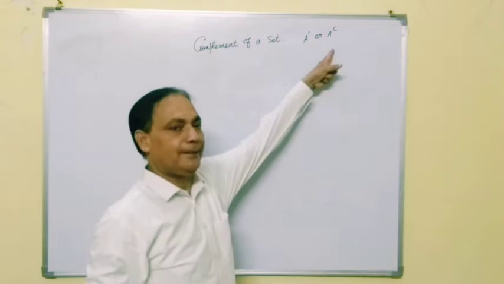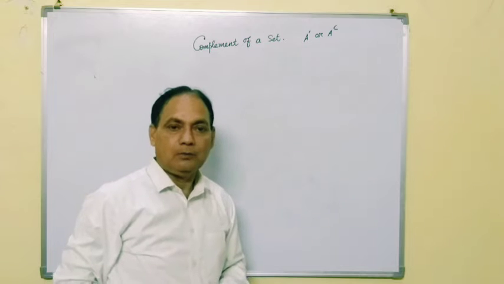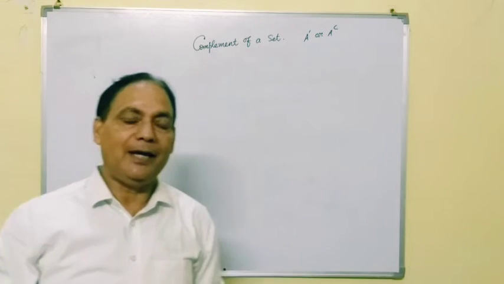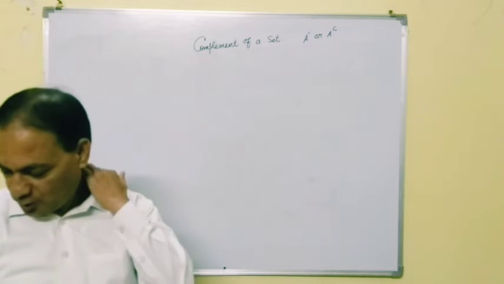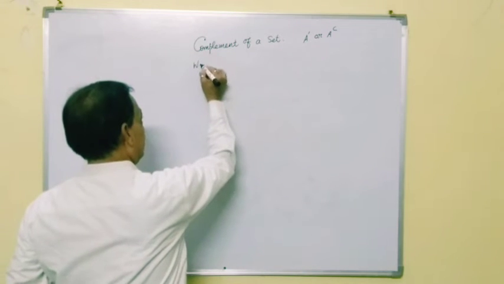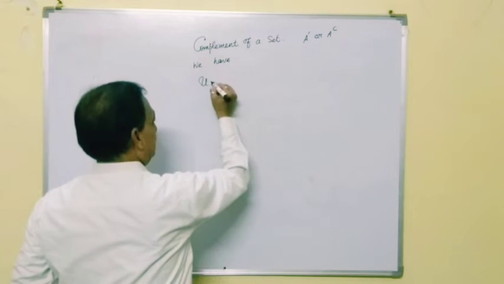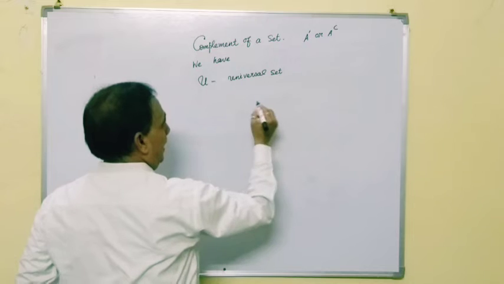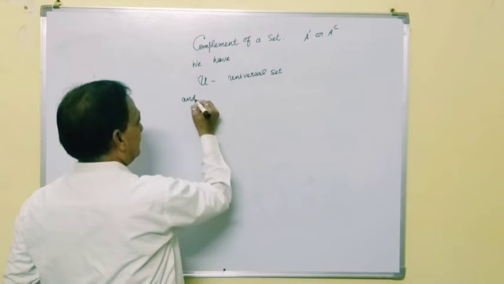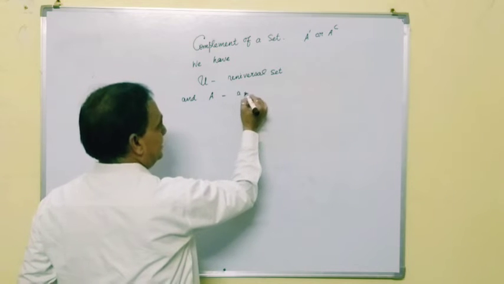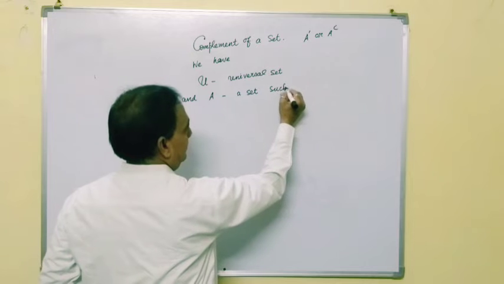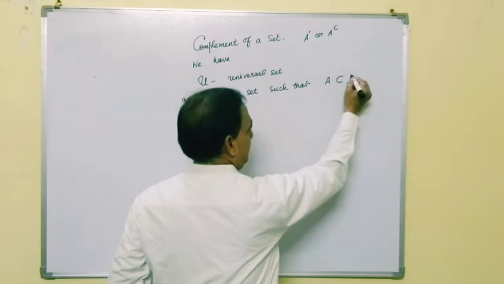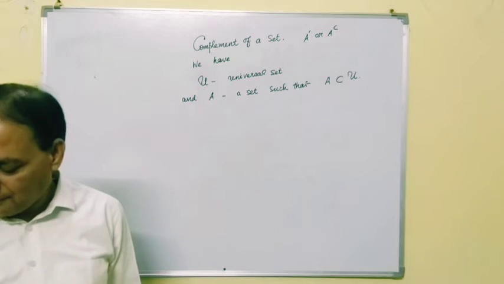This is the complement of A. तो इसके लिए हम कंसीडर करेंगे दो सेट. वन इज यूनिवर्सल सेट एंड अनदर इज एनी सेट A. So we have U, universal set, and a set A such that A is a proper subset of U.